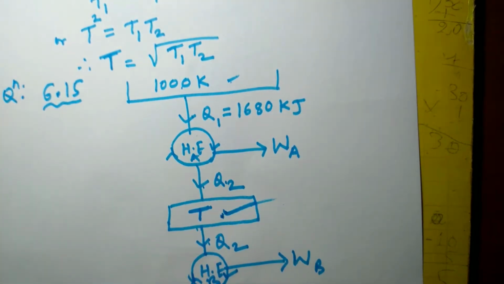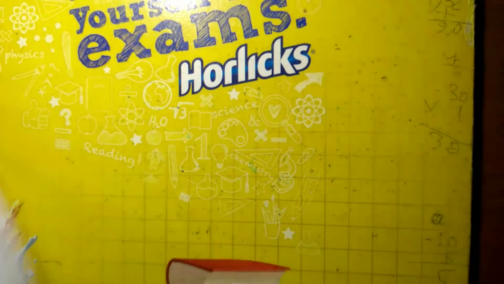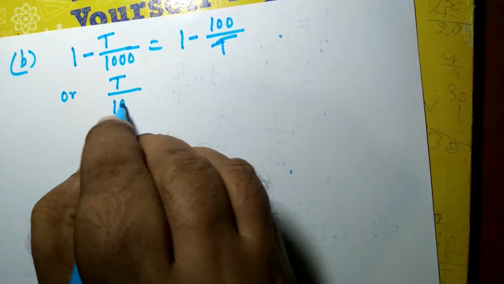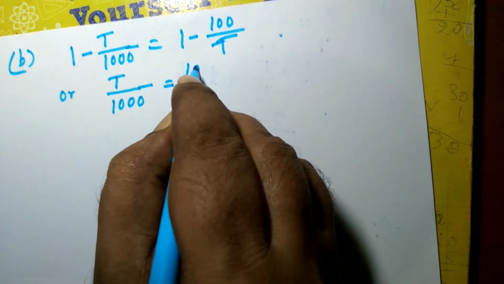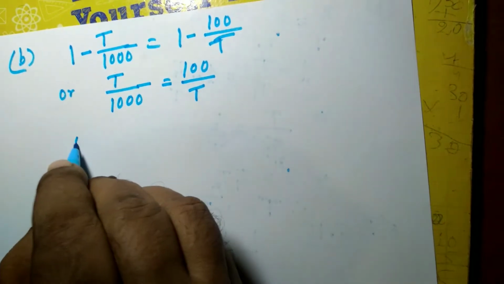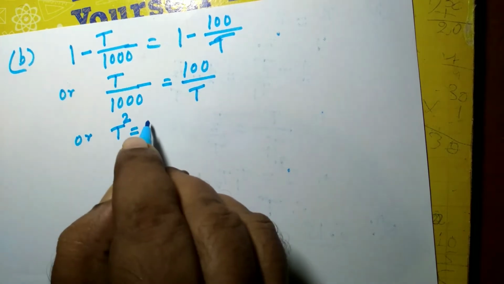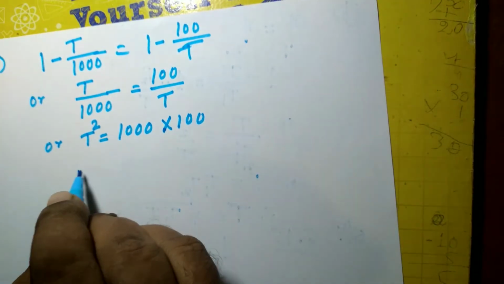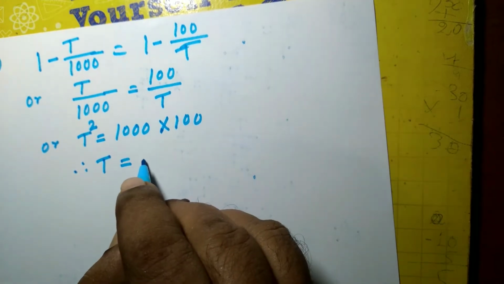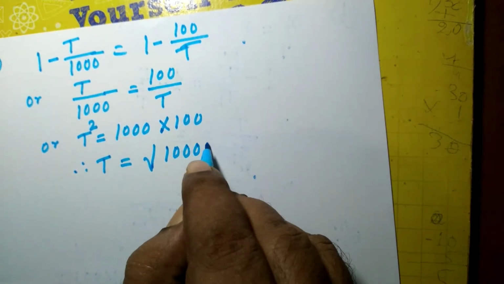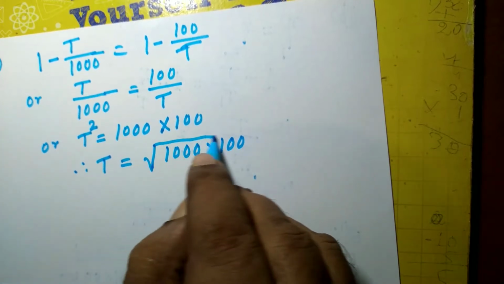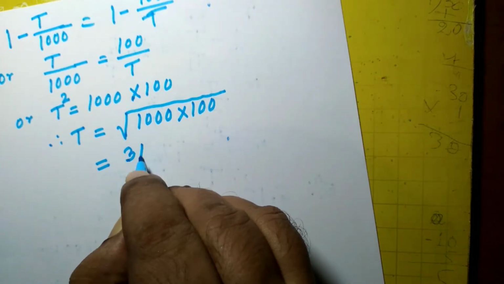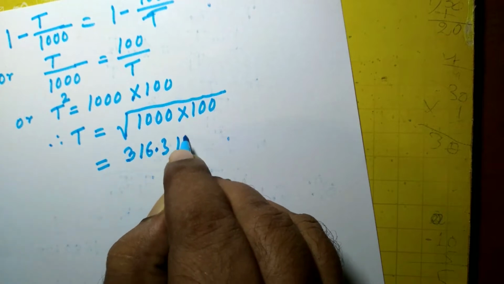And for second Carnot engine, 1 minus 100 by T. So on equating this, I can get T equal to square root of 1000 times 100, and that is equal to 316.3 Kelvin.